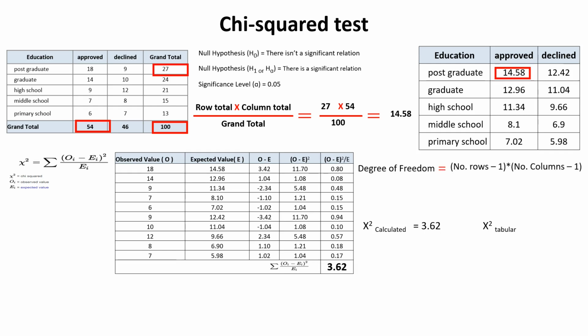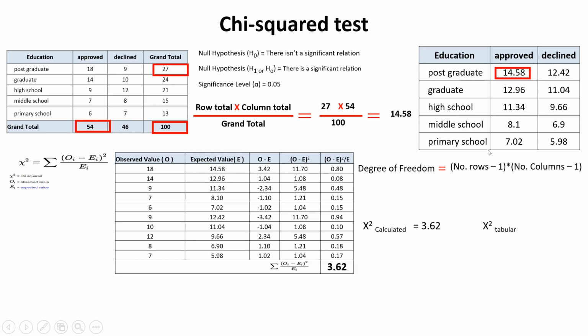To find that, what we do is number of rows minus 1, into number of columns minus 1. So over here you see, either in the expected table or in the observed table, what we require to consider is this area. This total column we don't need to consider.